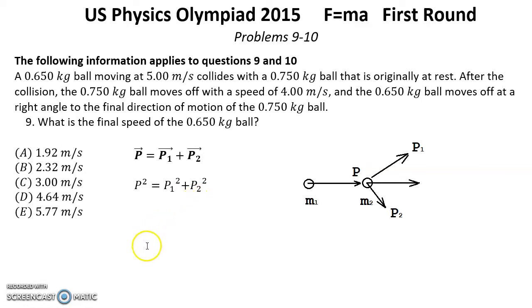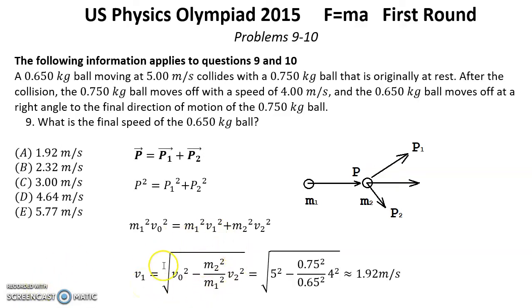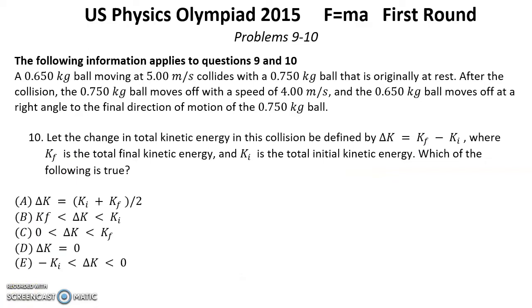And now we can insert momentums. We have this equation from which we can find the speed of the first ball v1 after collision, equal to this expression, or after putting in numbers we have 1.92 meters per second, which is answer A. Question 10.